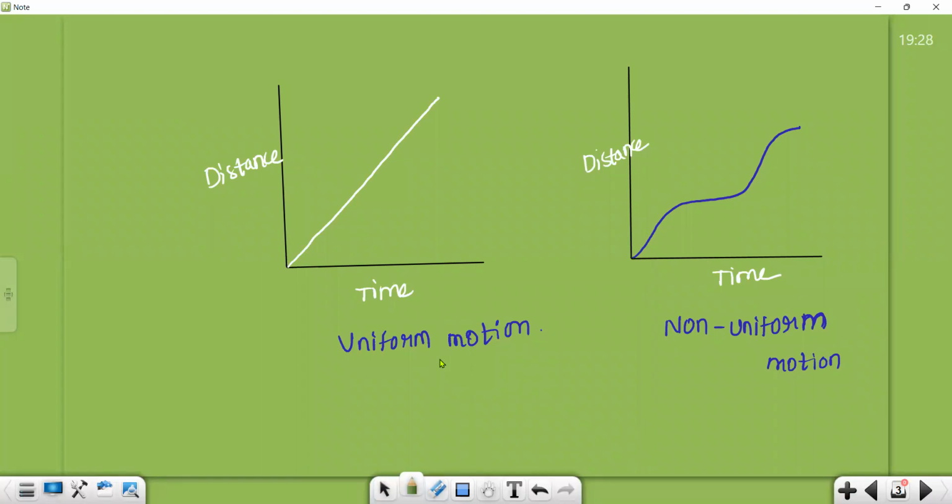No, circular. We can tell uniform circular motion. But velocity is changing, right? Is it traveling with the same velocity? No, ma'am. So velocity is changing as well as acceleration is changing. Ma'am, what is velocity?